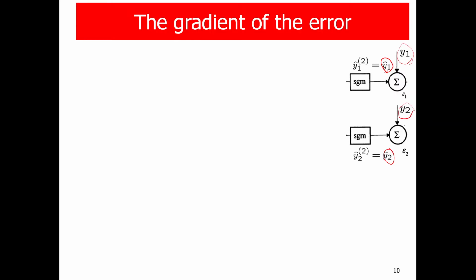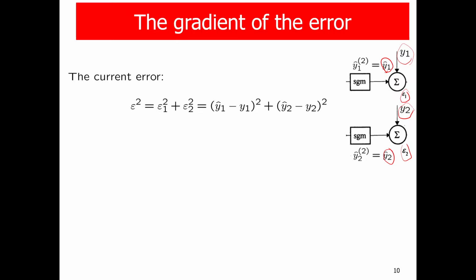The prediction error of the neural network is epsilon1 and epsilon2. Epsilon1 is just y-hat1 minus y1, and epsilon2 is y-hat2 minus y2. Our goal is to minimize epsilon1 squared plus epsilon2 squared.